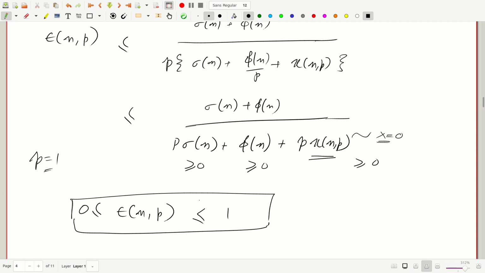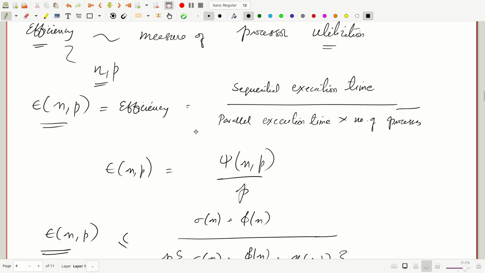Okay. All right. So now using this definition, for a particular program, if you can measure your sigma n, phi n, and the communication overheads in some way, then you could define the efficiency and calculate this. Now, of course, this is one way to do it. Another way is to directly measure it.